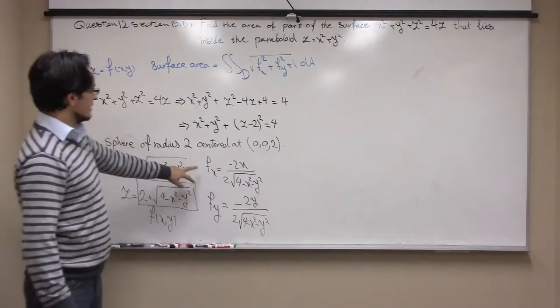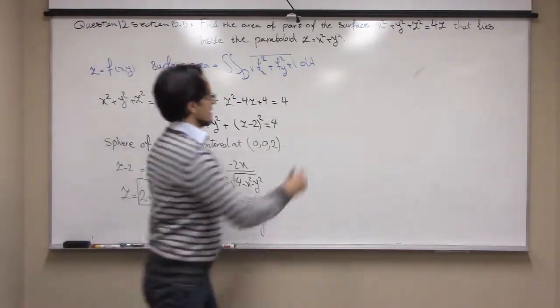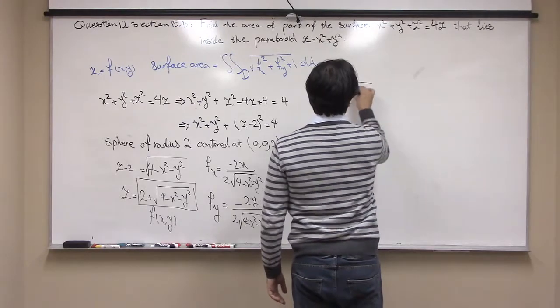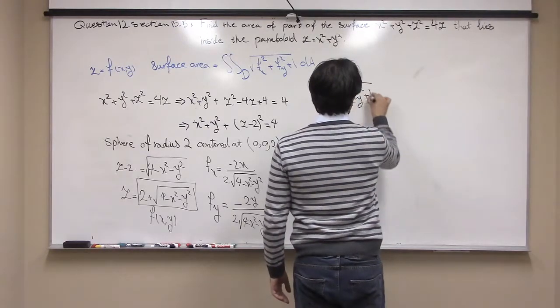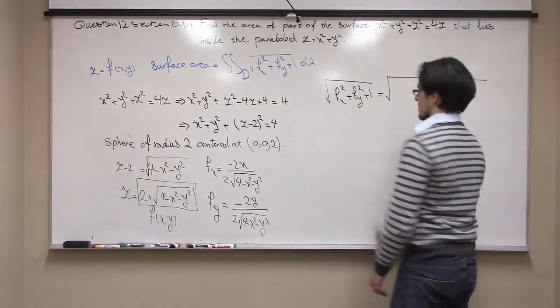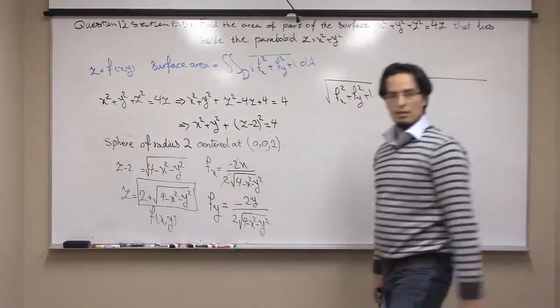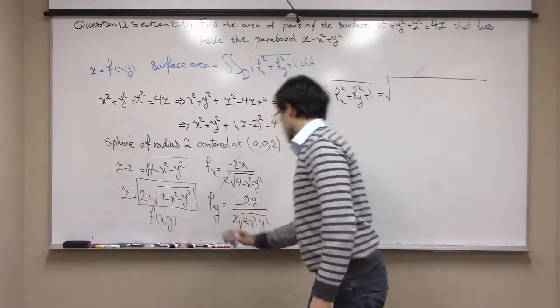Okay, everything is ready to find the integrand. The integrand, which is equal to f_x squared plus f_y squared plus 1, is this guy squared. Let me cancel those 2's and those 2's.